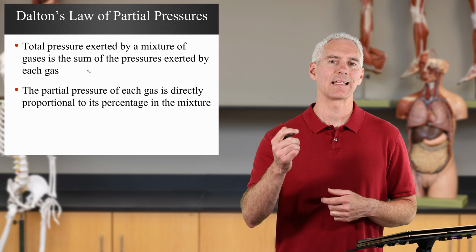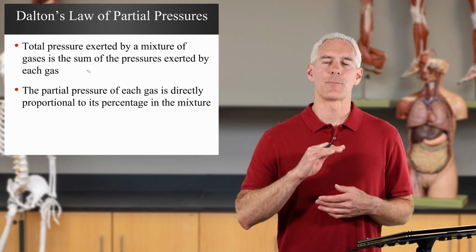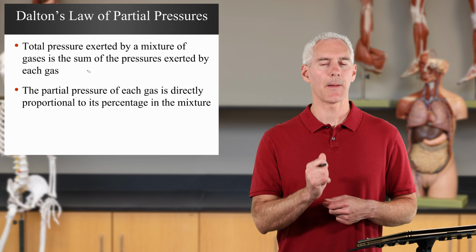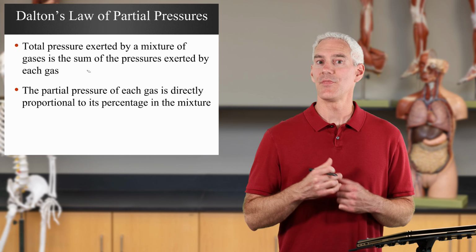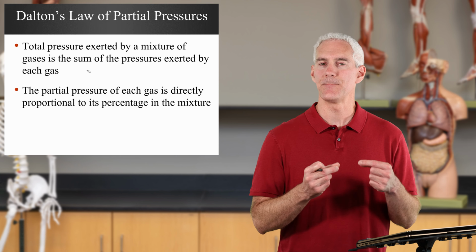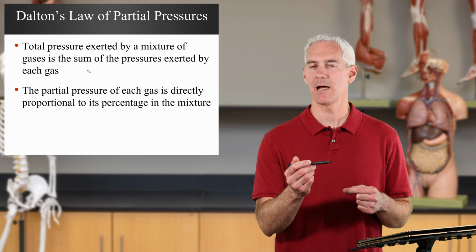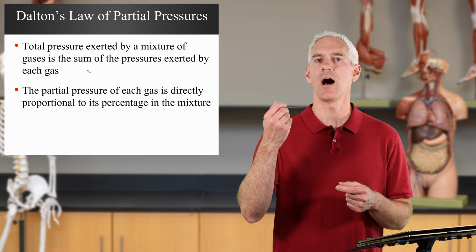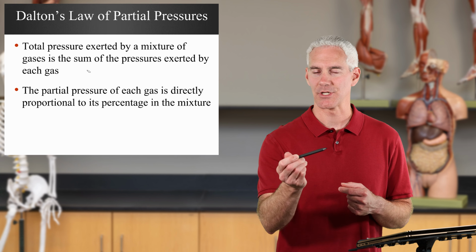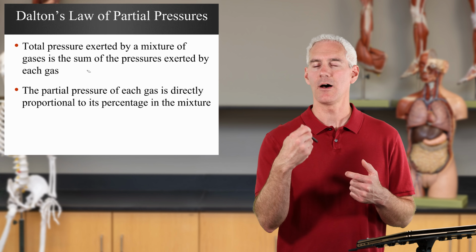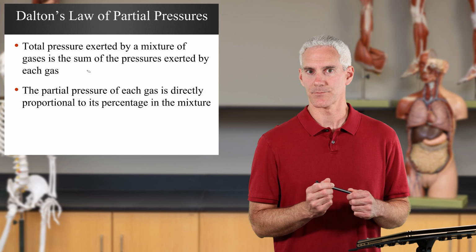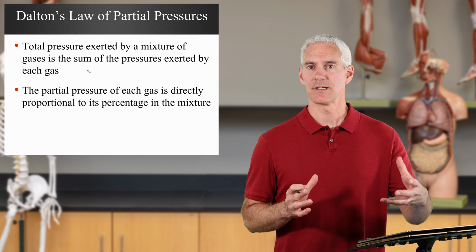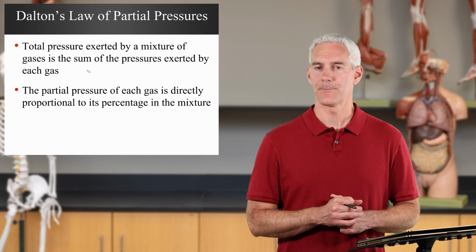Now we know that at sea level, the pressure is 760 millimeters of mercury. That means that 760 millimeters of mercury is made up of partial pressures of nitrogen, of oxygen, of carbon dioxide, of water vapor, H2O. They all add together to equal that 760 millimeters of mercury.